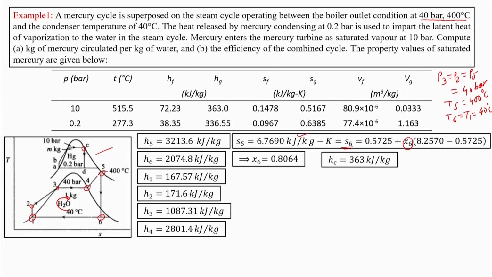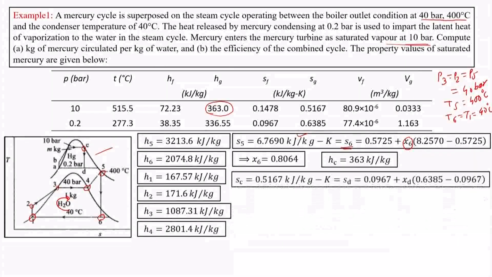HC is given as data corresponding to 10 bar. Mercury at the higher pressure is 10 bar. So for 10 bar, we know what Hg is. This is given to us, that is 363. SC, the entropy at C, is given to us.